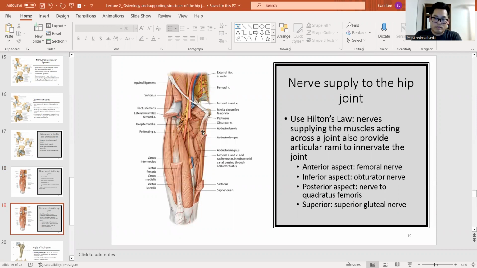And then you have different branches of the femoral nerve going to the thigh region as well. One of the deep ones, quadratus femoris, has a nerve going to it as well. And then once again in the back, the superior gluteal nerve will be innervating this, but also gluteus medius and minimus too.